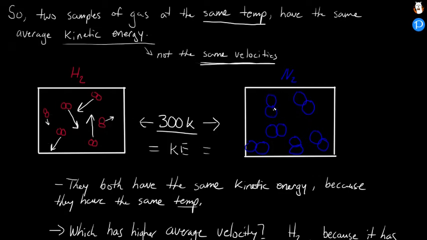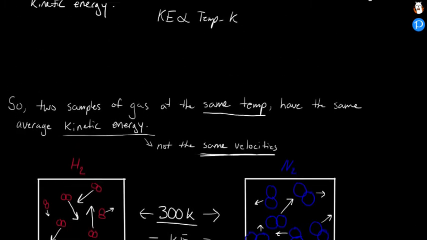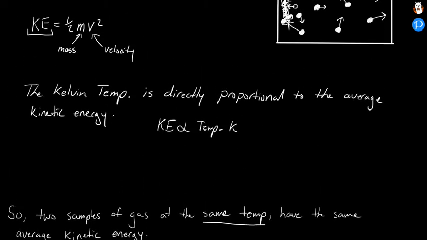The N2 molecules are going to be moving on average a little bit slower. Some of them moving faster, but for the most part, on average, moving slower. But they both have the same temperature. And how could that be? The reason is because if we go back to this equation up here, remember we have to take into account the mass of these particles.